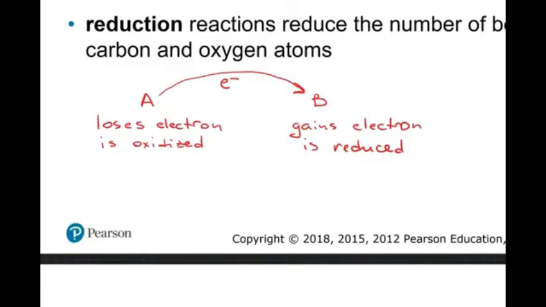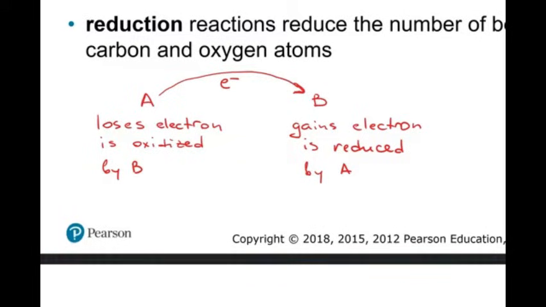So to continue a little bit here, A is oxidized by what other participant of the transaction? B. And B is reduced by A. Am I clear?